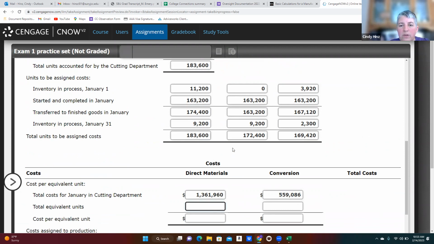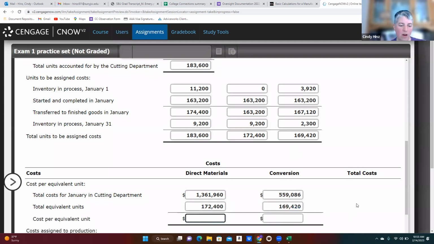The direct materials were for this number, 172,400 units from my exercise. Again, your number's probably different. And for conversion costs, here are the units from the previous step, 169,420.